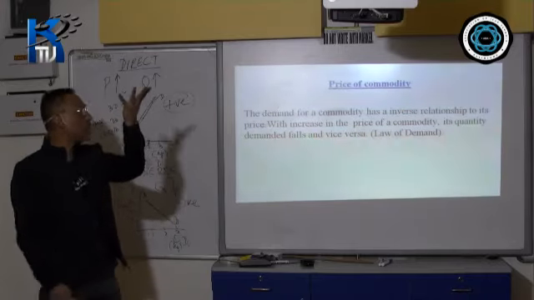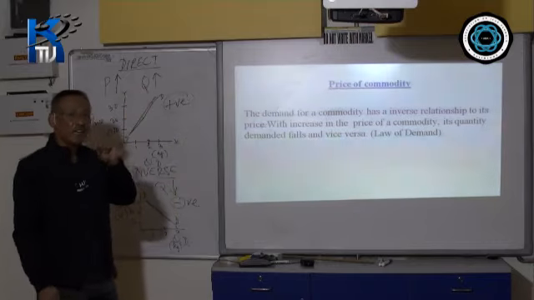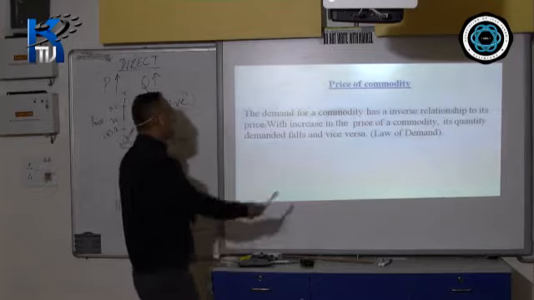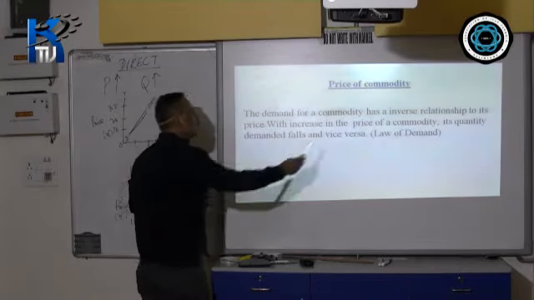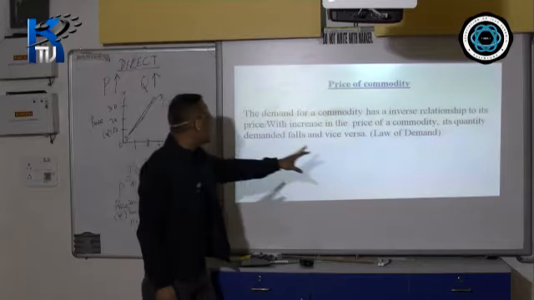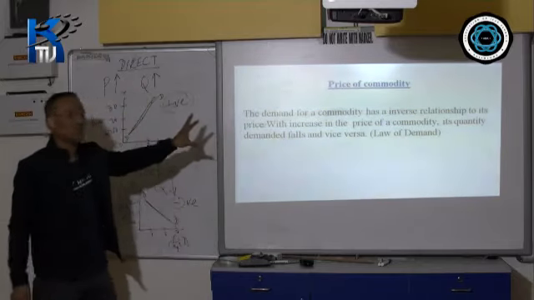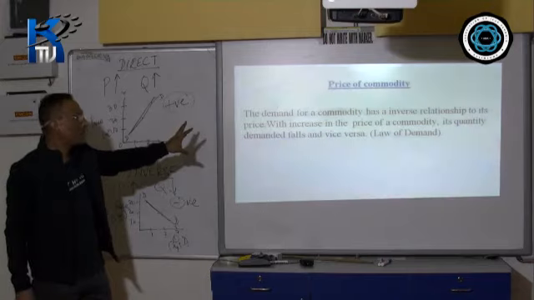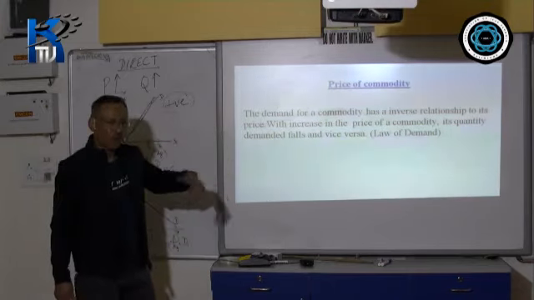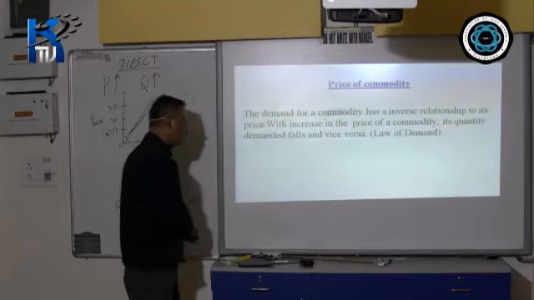With increase in the price of commodity, its quantity demanded falls, and vice versa, means when the price decreases, quantity demanded increases. I have written here law of demand because this is part of the law of demand. In law of demand also, you will learn that when the price increases, quantity demanded falls and vice versa.